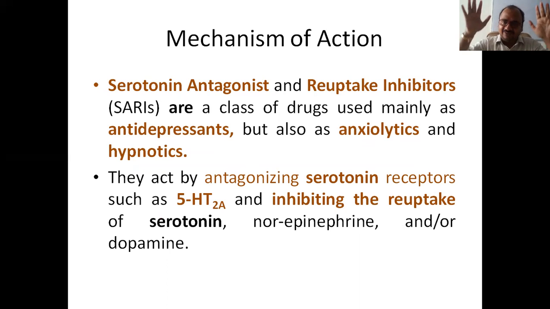Then your anxiety will break down and your depressed mood will be suppressed so that you will feel very happy. They act by antagonizing serotonin receptors such as 5-HT2A and inhibiting the reuptake of serotonin, norepinephrine and dopamine.